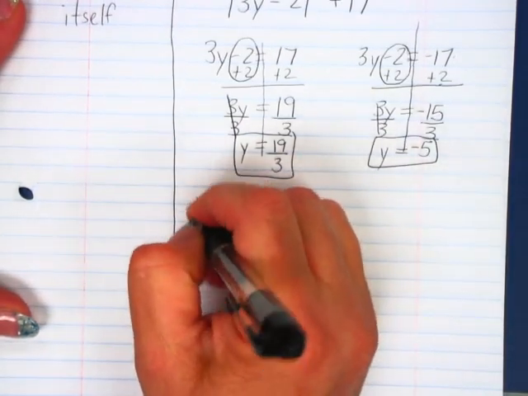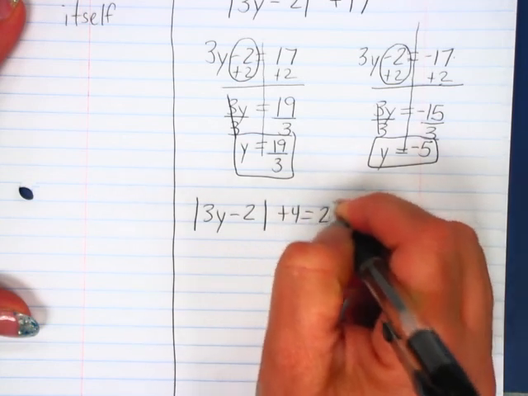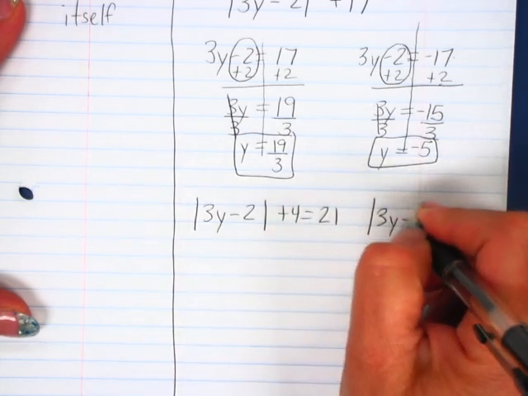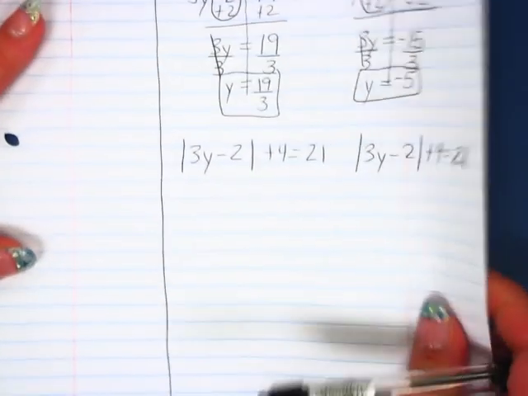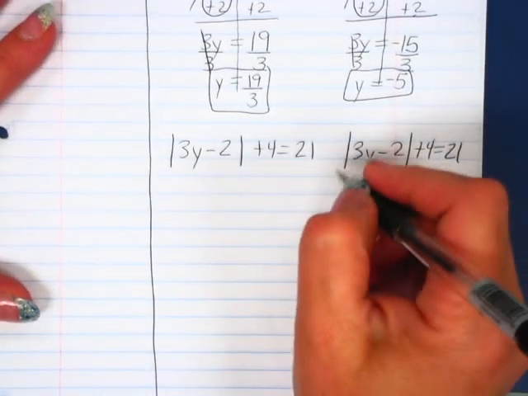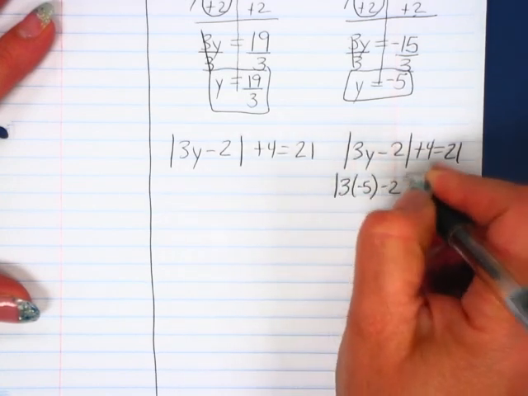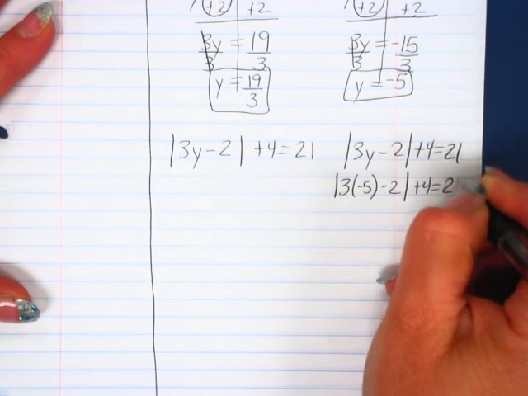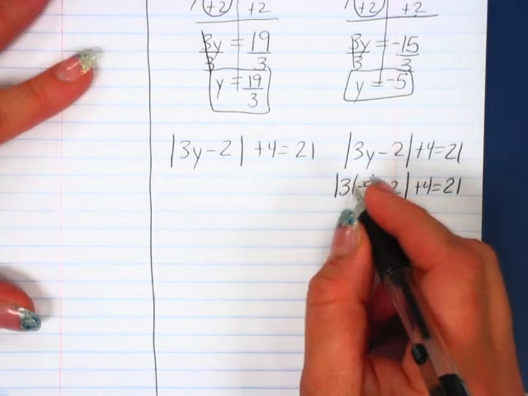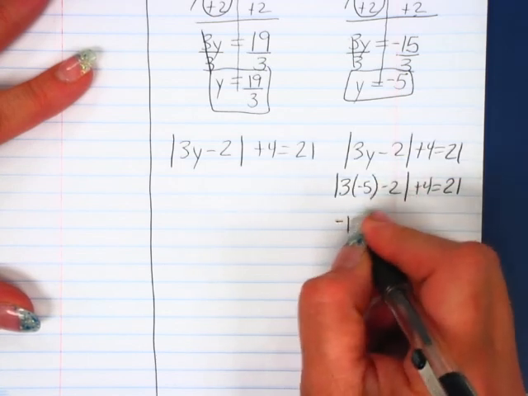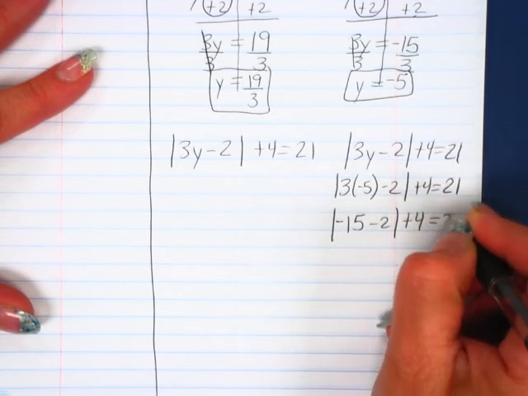So the equation is the absolute value of 3y minus 2 plus 4 equals 21. I'm going to write it twice because I have two answers to check. And first I'm going to try the negative 5 because I know that you guys don't like the fraction. So first we're going to try with the plain negative 5. 3 times negative 5 is negative 15, minus 2.